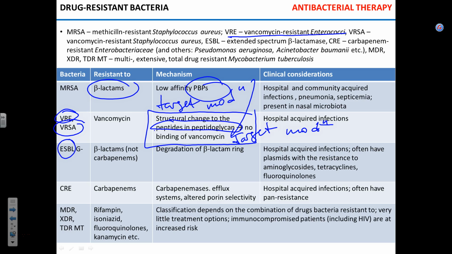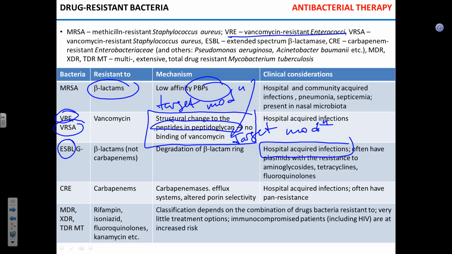As you can imagine, this resistance may arise from treating patients with different drugs against gram-positives like cephalosporins and different penicillins, and your intestinal microbiota will gain resistance to it, and intestinal microbiota is going to be spread, and that's very, very big contributor to the hospital-acquired infections.